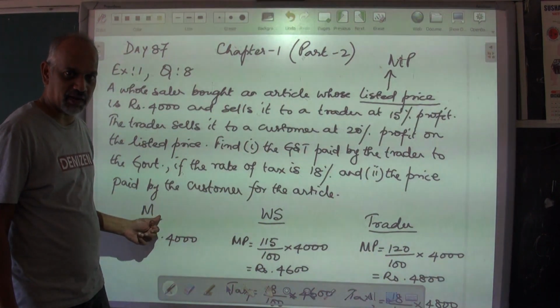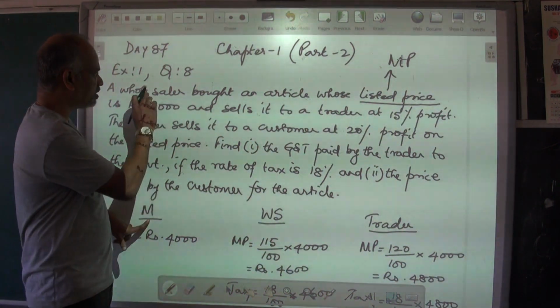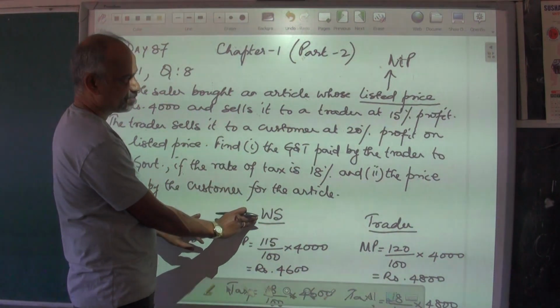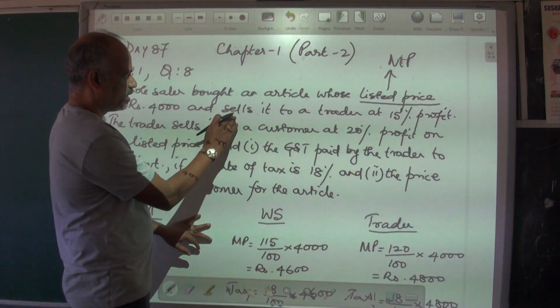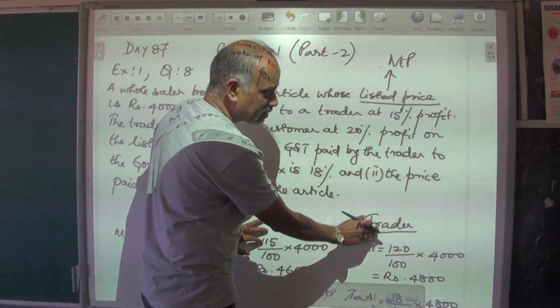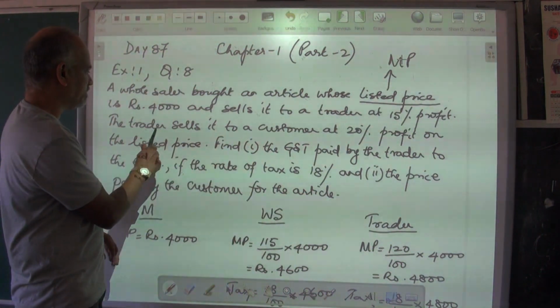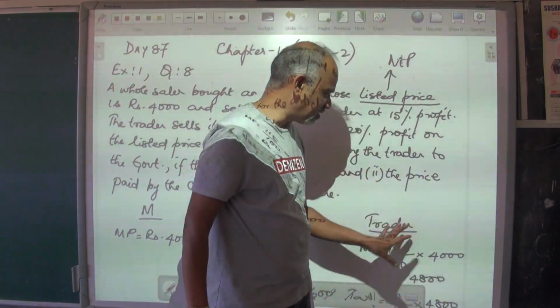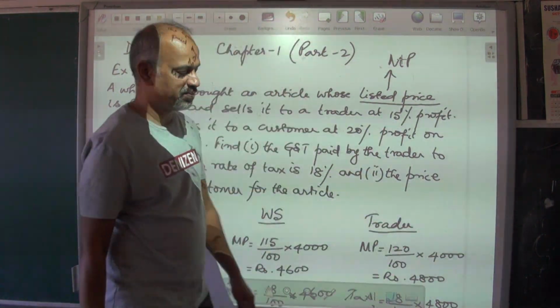M here is the manufacturer. So the wholesaler buys it from the manufacturer. So the next person is the wholesaler, and sells it to a trader. The wholesaler sells it to a trader. And the trader sells it to the customer. So the final person whom the trader is going to sell it to is the customer.